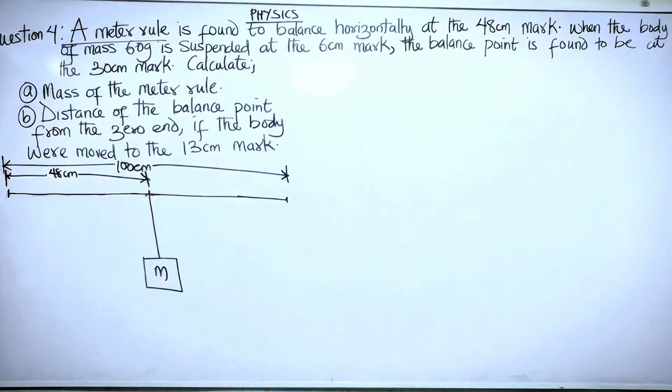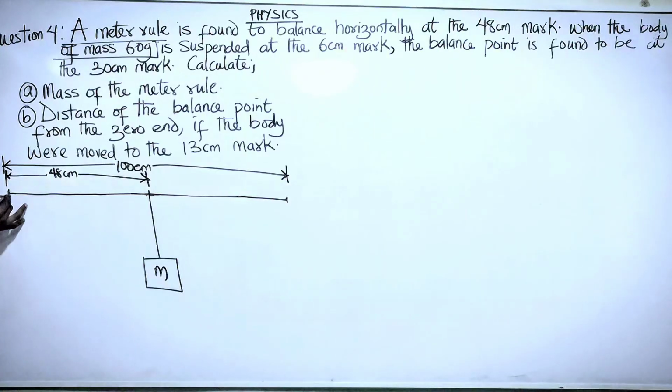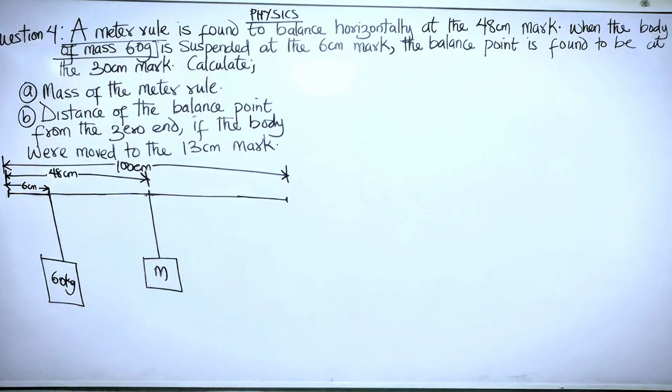So we're told that when a mass of 60 grams, not kilograms, is suspended at the 6 cm mark, the balance point was found to be 30 cm.